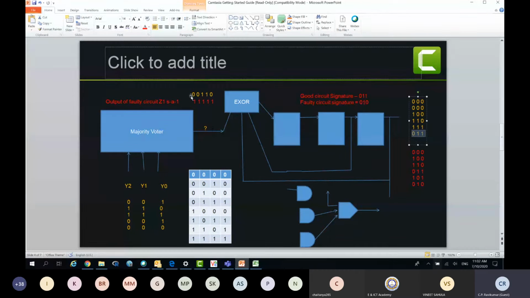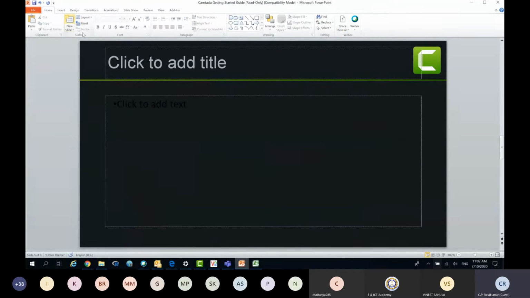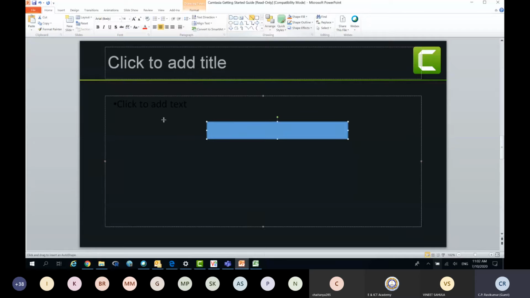So this could be instead of a majority voter, imagine that this is the circuit, I'm sorry, the communication you are receiving from some outside, this is your telecom circuit which is bringing the bits, right? And occasionally something may go wrong. Occasionally a bit may change from 0 to 1 or 1 to 0 because of the channel noise and all that, right? So here we can have the signature.